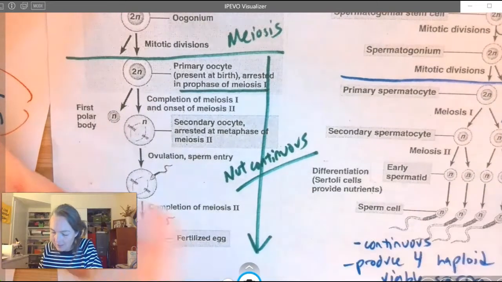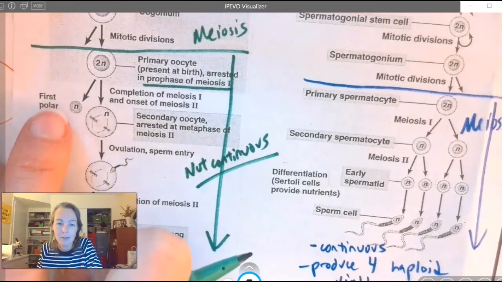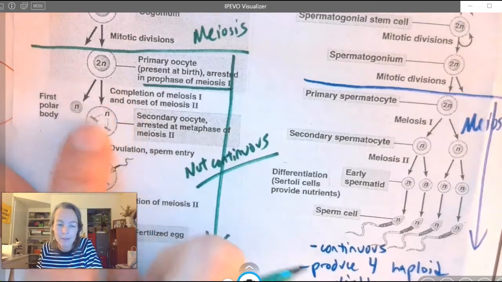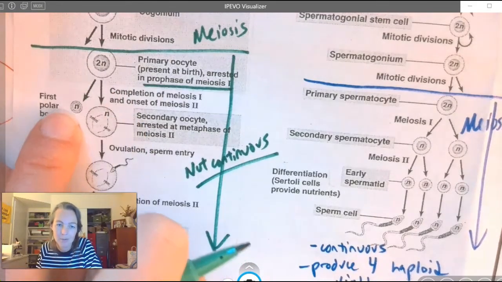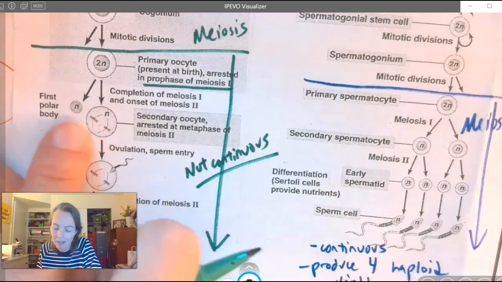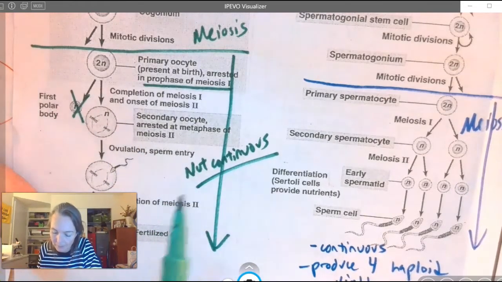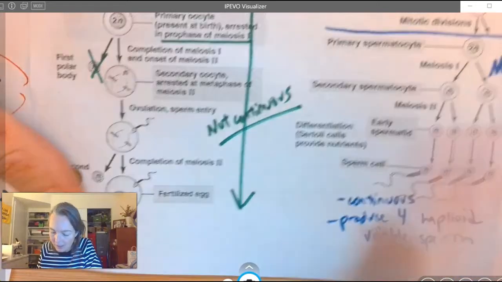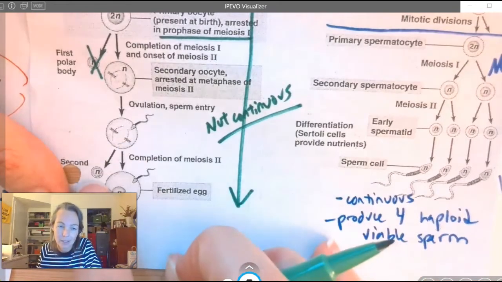So this process of meiosis in egg cells is not continuous. Also, if you notice, there's an unequal division of the cytoplasm. So in meiosis 1, one of the egg cells gets most of the cytoplasm, the other egg cell gets almost no cytoplasm. So they both get the haploid amount of DNA, but this egg cell can't actually be fertilized. It's called a polar body. In the second division, once again, one of the egg cells gets all of the cytoplasm, the other egg cell gets nothing.